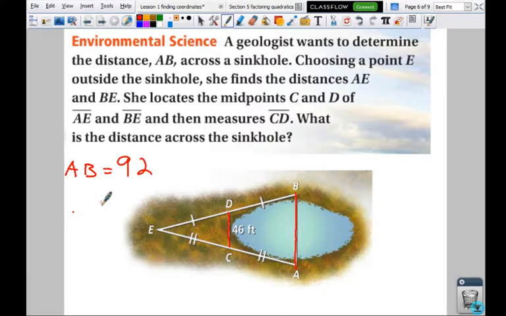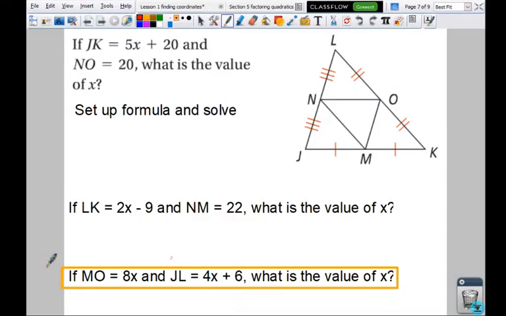So on this one though, we're not quite done, because what am I missing? Feet. Oh yeah, we're missing feet. Anytime it gives a measurement, on this one it gave 46 feet right here, I need to put feet in my answer. So keep that in mind. So, 92 feet.